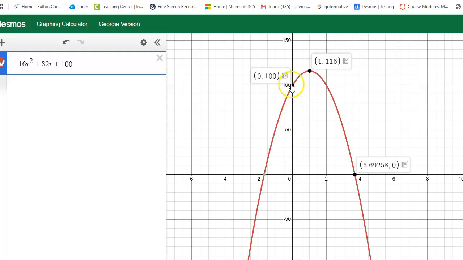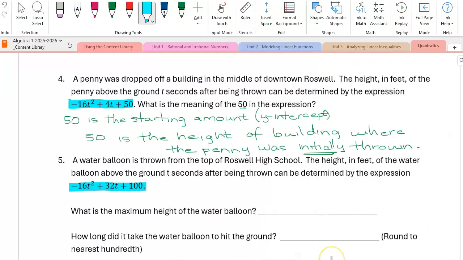That's when I was at 100 feet, is 0 seconds. Time is the x-axis, height is the y-axis. It took 3.69 seconds for me to throw it, and it hit the ground. So let's see if we can go answer some of these questions. So what is the maximum height of the water balloon? Well, that's the highest point, so 116 feet.